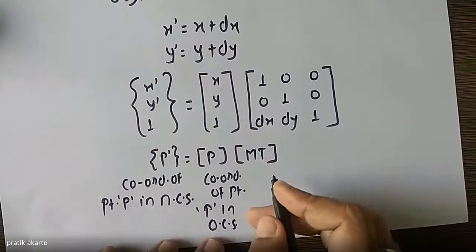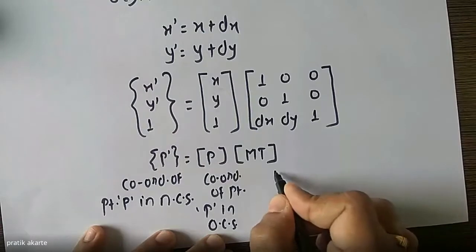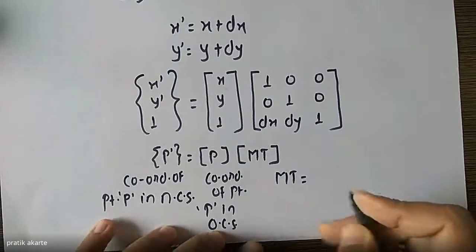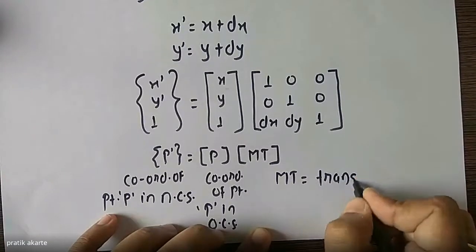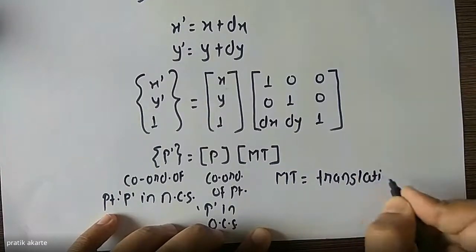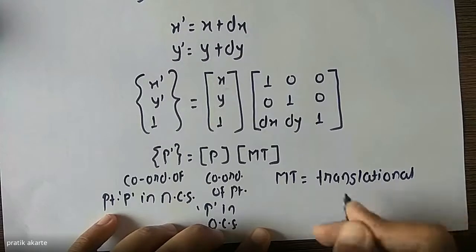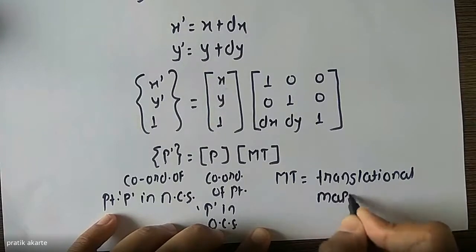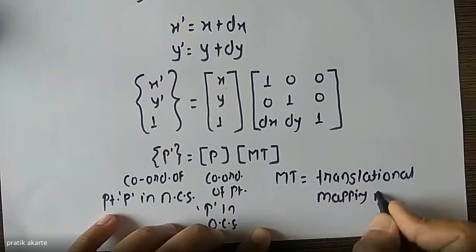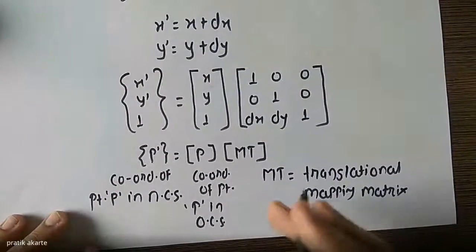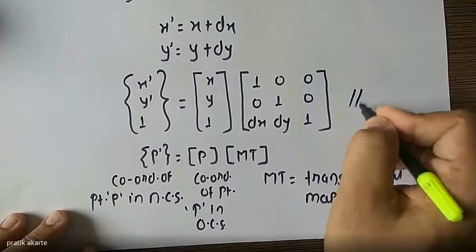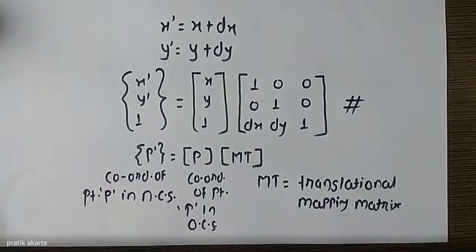And MT is your translational mapping matrix. Okay, so understood this? So this is what we call translational mapping.